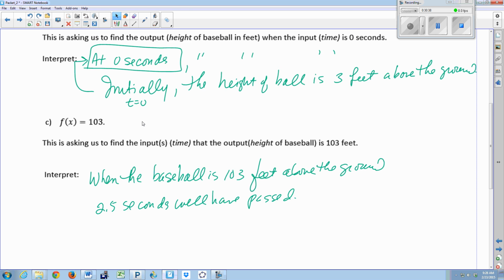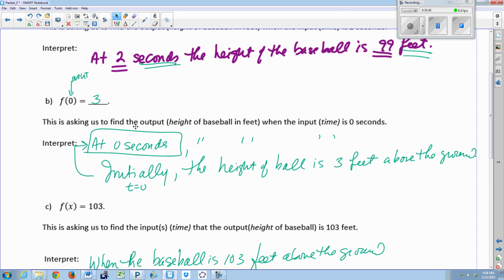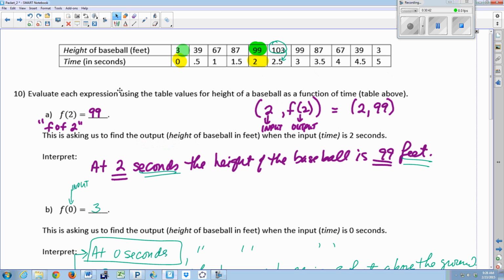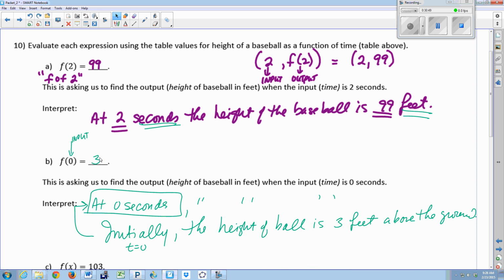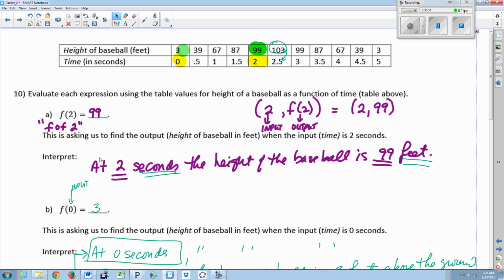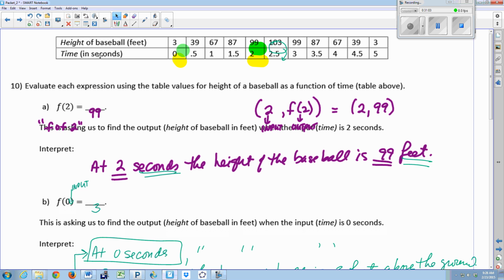Okay. Any questions on interpreting functional notation when you have a table, knowing what each of these values now mean? Sam? I never quite understood why, since it's generally understood that the y is the value of the function of x, why do we have to use f of x notation if we understand that y is the output of x?